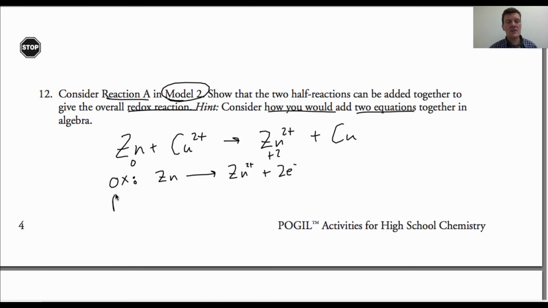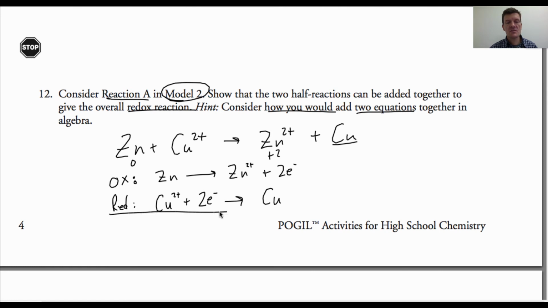And then the reduction reaction is going to be the copper ion turning into a neutral copper atom. And in this case, it has to do that by gaining 2 electrons. How do I know 2? Because the oxidation number is going from +2 to 0. And how do I know 2 for zinc? It's going from 0 up 2. So it has to be a transfer of 2 electrons.